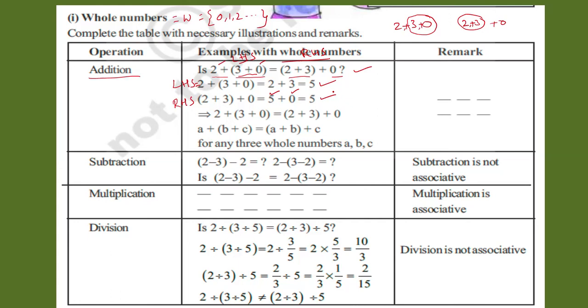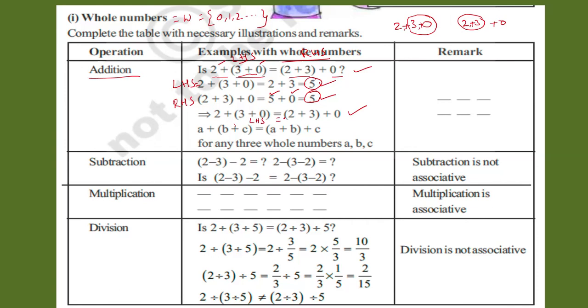5 plus 0 is 5. Then what do we conclude here? In the first instance and the second instance, both are the same. The result is the same. Hence we can write here 2 plus 3 plus 0 is equal to 2 plus 3 plus 0. That means LHS is equal to RHS.